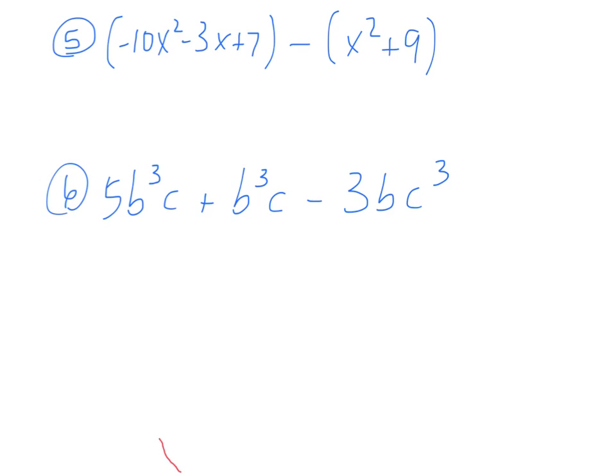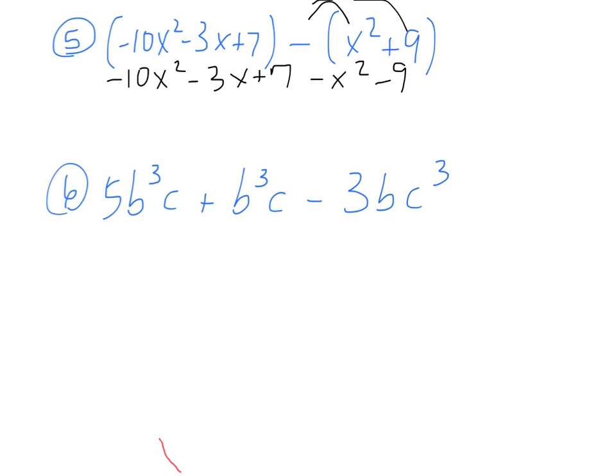And the last set of problems here, we have number 5, -10x squared minus 3x plus 7, minus this quantity x squared plus 9. Again, just like the previous example, our first order of business is to distribute that negative sign. Okay.